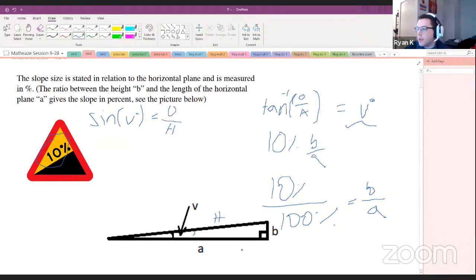In this case, the opposite would be B, and we still don't know what H is, but at least you could write it in terms of what was given here. So just rearranging that, if we're solving for the length, it would be B over sine V.